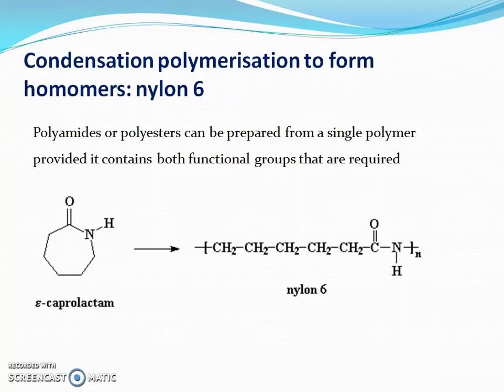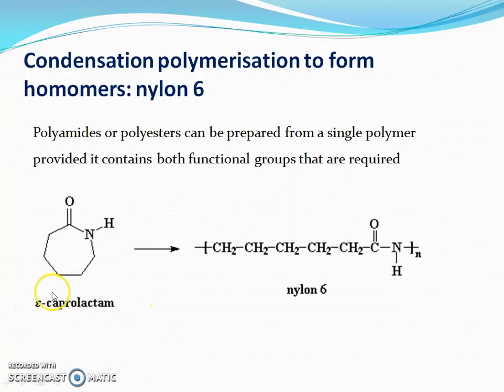Now, thus far we have discussed the copolymers, that is the polymers that are obtained from two different types of monomer. Now, we can also perform the condensation polymerization with the involvement of only one type of monomer, which will lead to a homopolymer. Now here one example is shown.